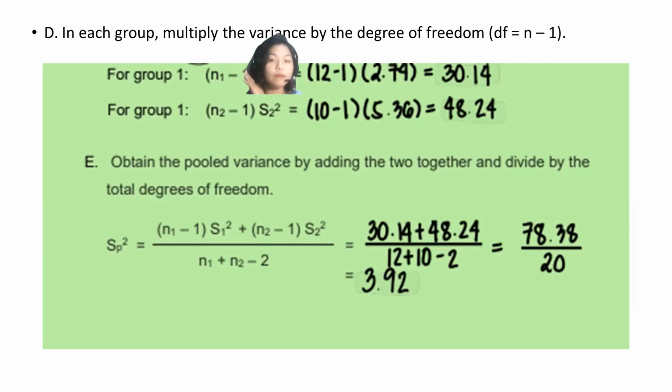So negative 1 plus negative 1 is negative 2, or simply 1 plus 1, it's 2. So n sub 1 plus n sub 2 minus 2. It's 12 plus 10 is 22, minus 2 is 20. So 78.38 divided by 20, the answer is 3.92. That is the pooled variance.